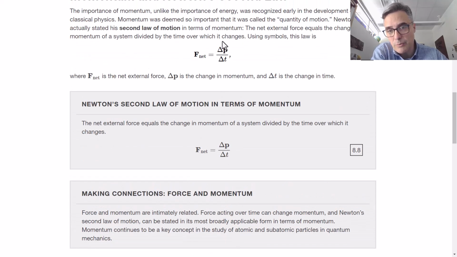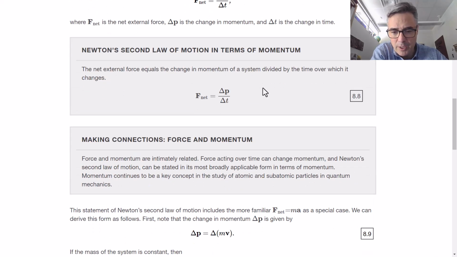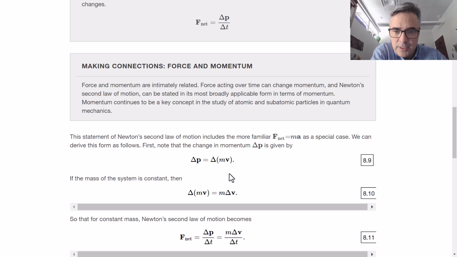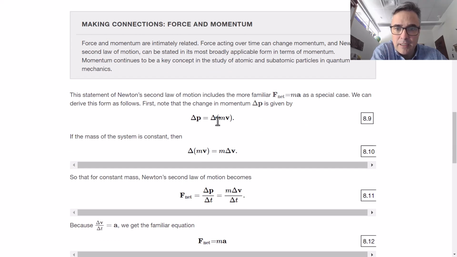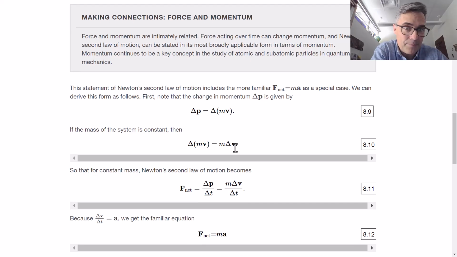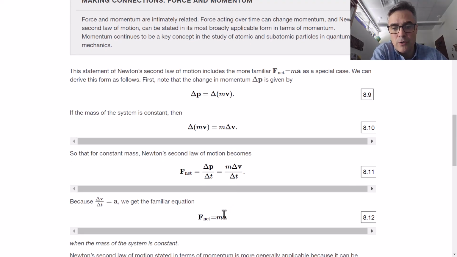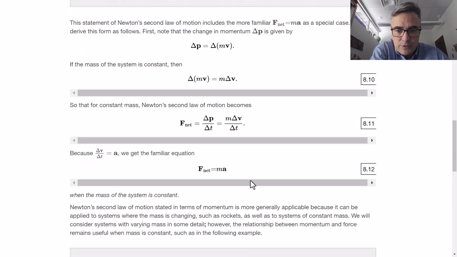So it's really a derivative, the time derivative of the momentum. But you can see this: if the mass doesn't change, delta P is just m times delta V. And remember, delta V divided by delta T is acceleration, the change in velocity divided by the change in time. So this becomes F net equals ma, the same thing, Newton's second law.